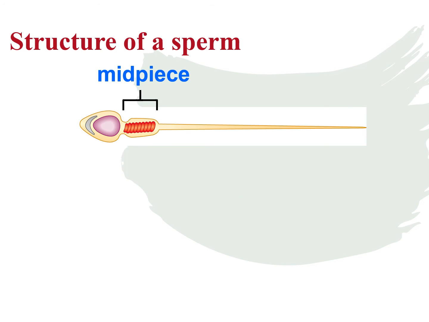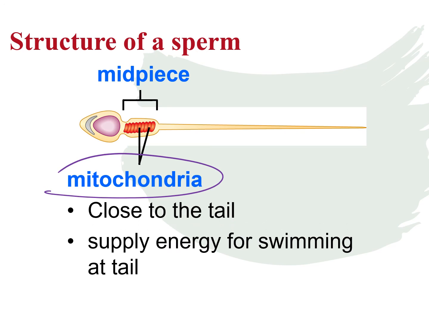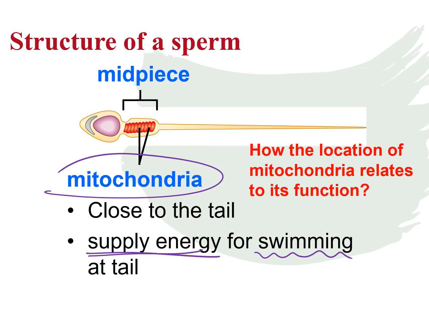In the middle part, you have a region called the midpiece. The midpiece is important for having the mitochondria. Mitochondria is an important structure for providing energy for the swimming of the tail.